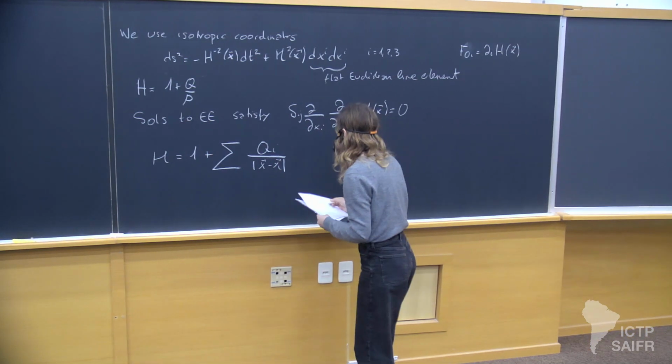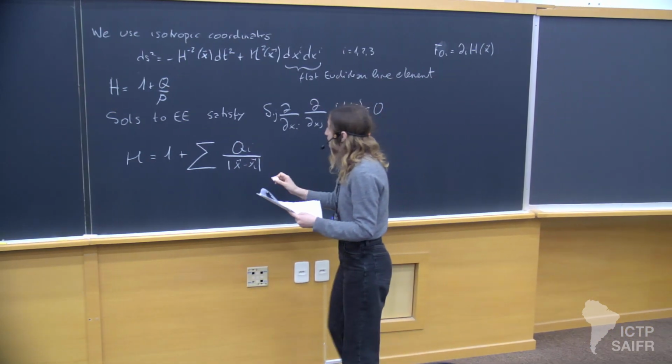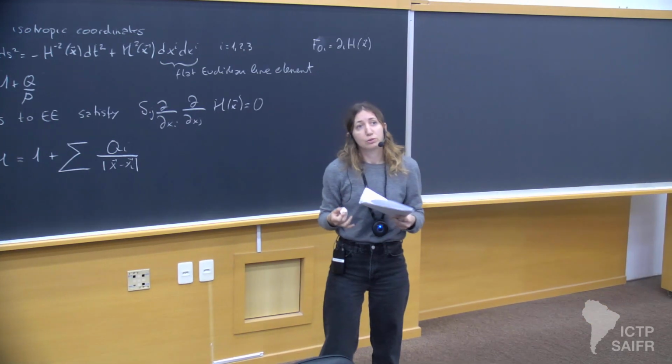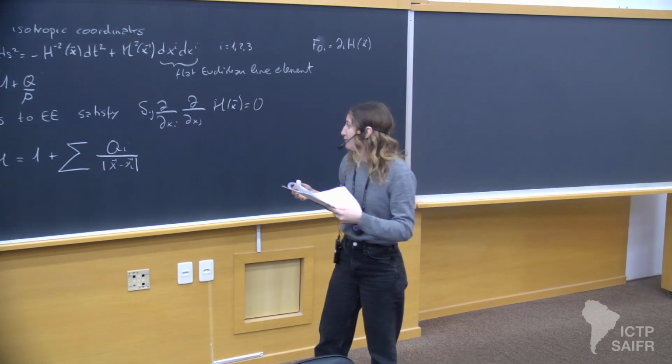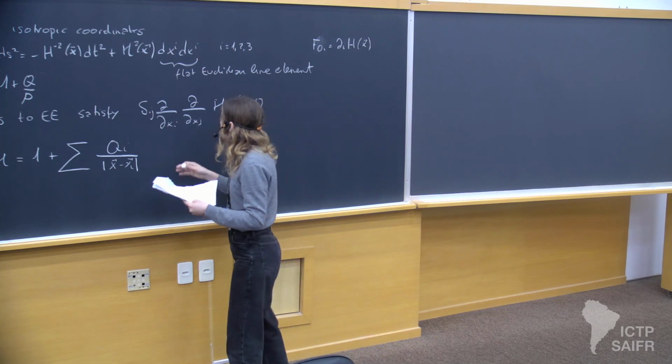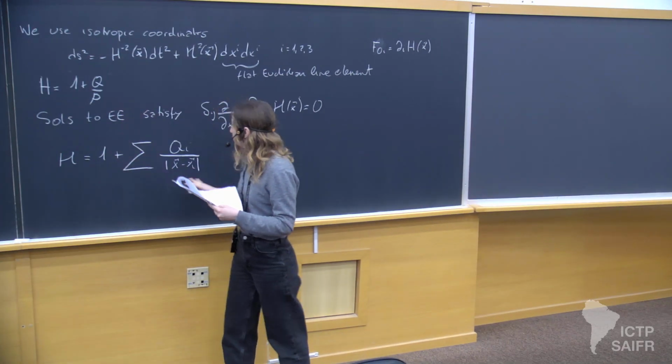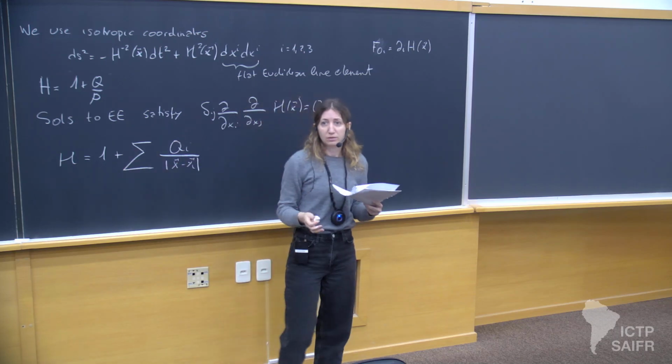This is just a curiosity, because it is one of the few examples in which the Einstein's equation shows linear superposition of solutions. So basically, you can superimpose many different harmonic functions, and this is still a solution to the Einstein's equation.